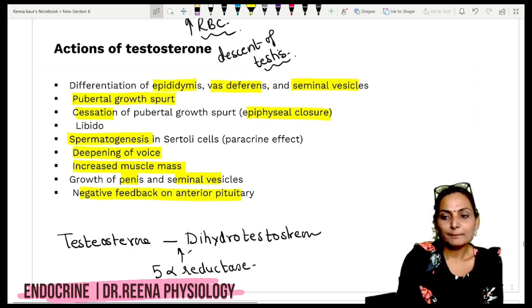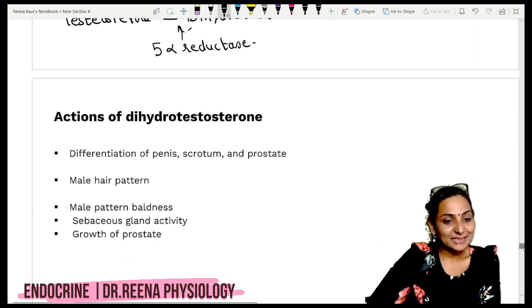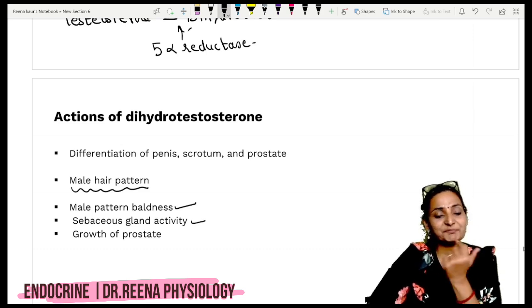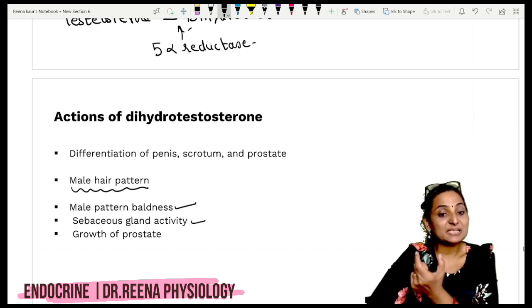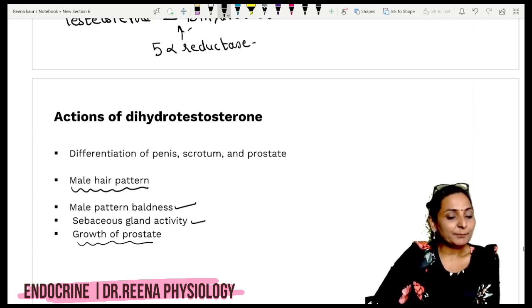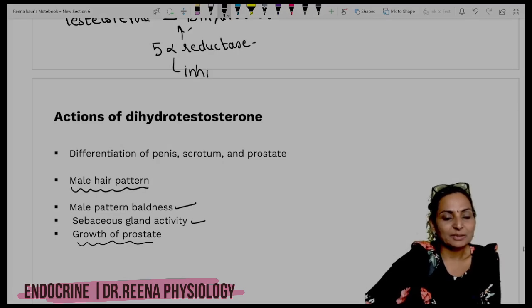Done? Now, the specific actions of dihydrotestosterone, you must remember this especially: the male hair pattern, male baldness, the increase in the activity of the sebaceous gland, including over the face, and growth of the prostate. So when there is prostate hypertrophy in an adult, 5 alpha reductase inhibitors are given, right?